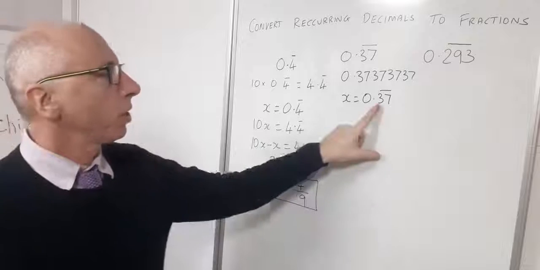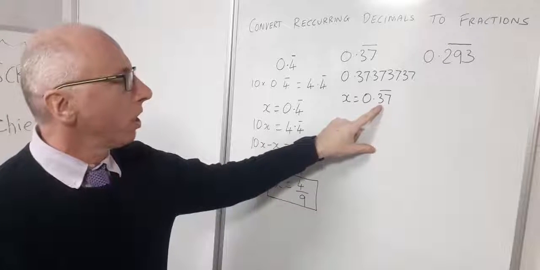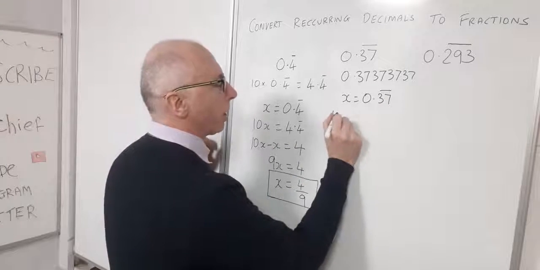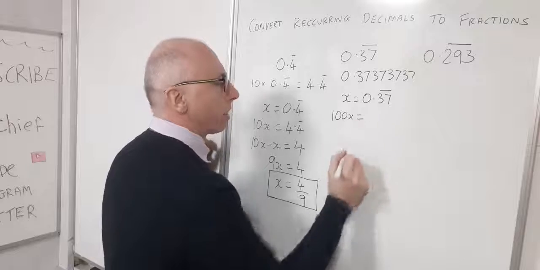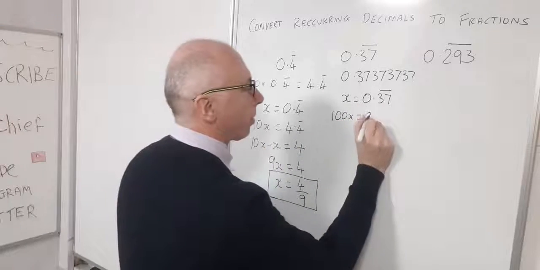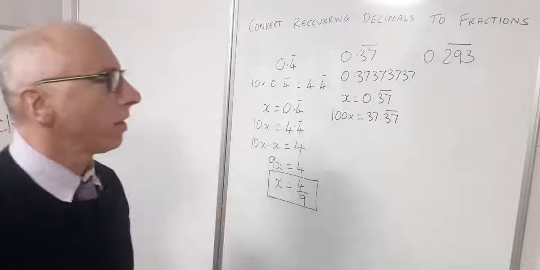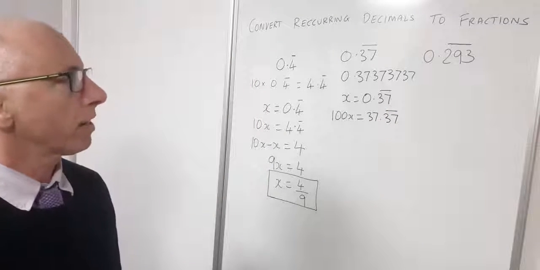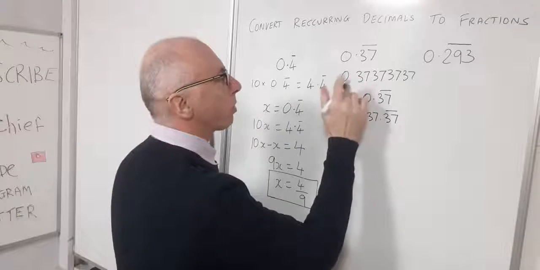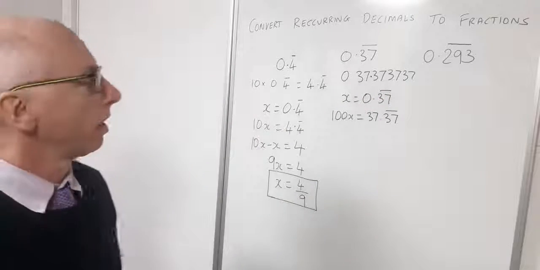Now with two recurring numbers in the decimals, so that's my tenths and hundredths, I can now multiply this by 100. So 100x, that will then just shift these two across. So 37.37 recurring. That will give me what my 100x is. So for example, if I move this here, that will be the equivalent of just putting my decimal point there. So you can see what's going on here.